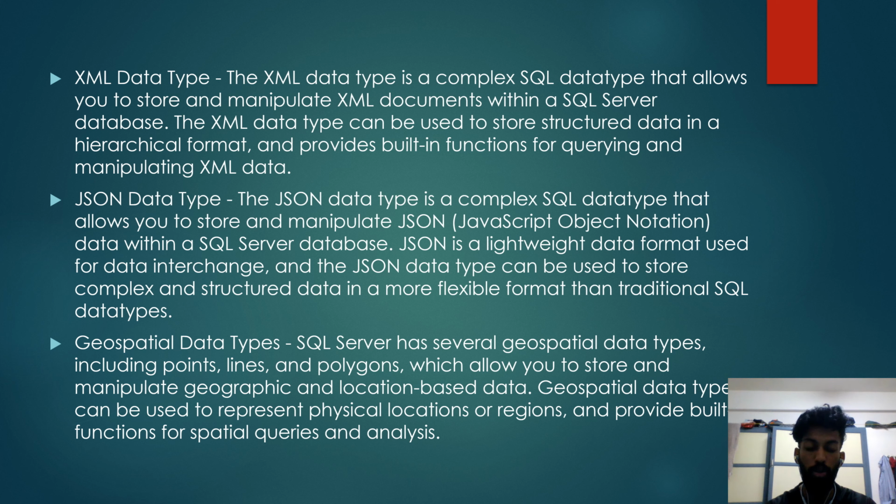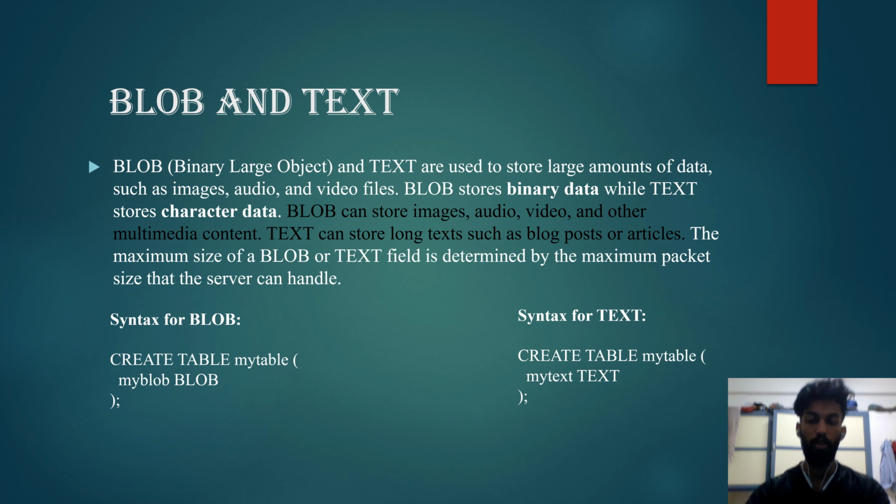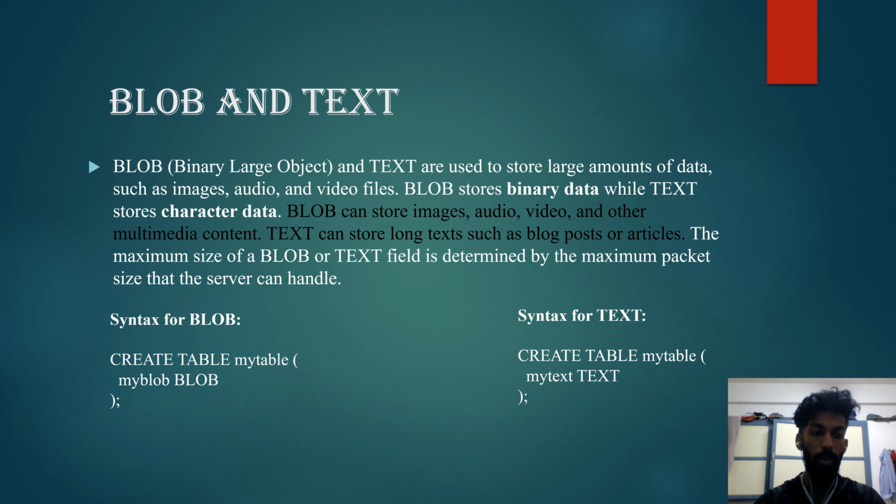Next one is geospatial data types. SQL Server has several geospatial data types, including points, lines, and polygons, which allow you to store and manipulate geographic and location-based data. Now let's talk about BLOB and TEXT. BLOB, binary large object, and TEXT are used to store large amounts of data such as images, audio, and video files.